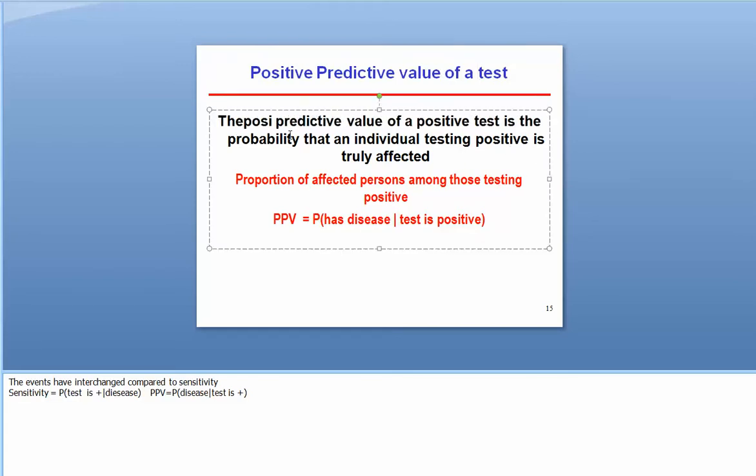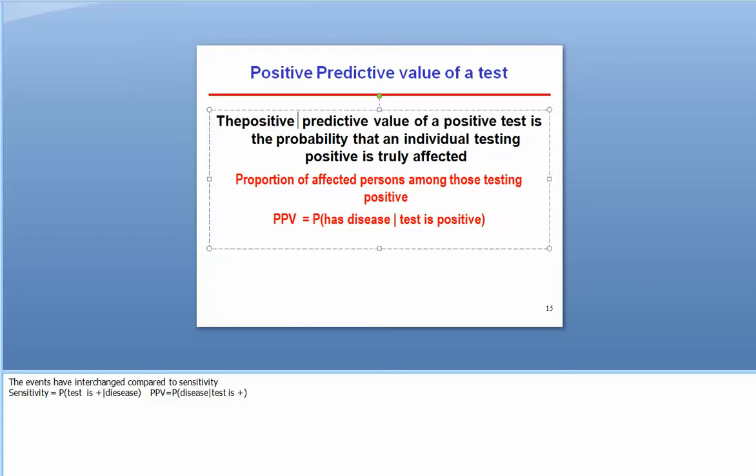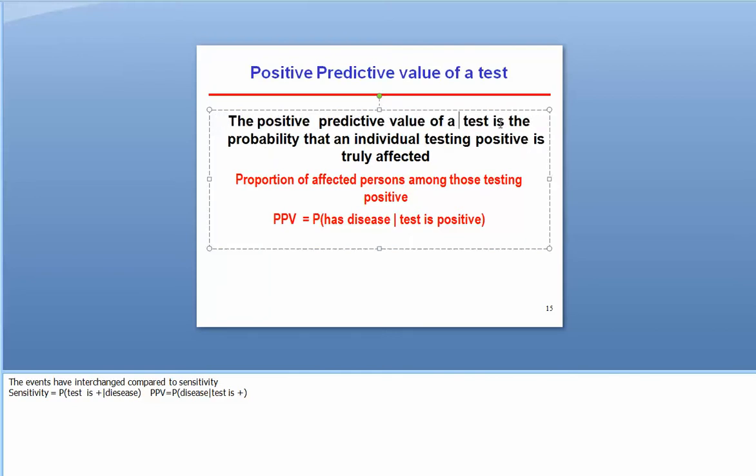Positive predictive value of a test. Now, this is kind of like the opposite. It is the probability that an individual who tested positive indeed has the disease. So look, now the roles of the events have changed, right? Remember sensitivity? Sensitivity is the other way around.